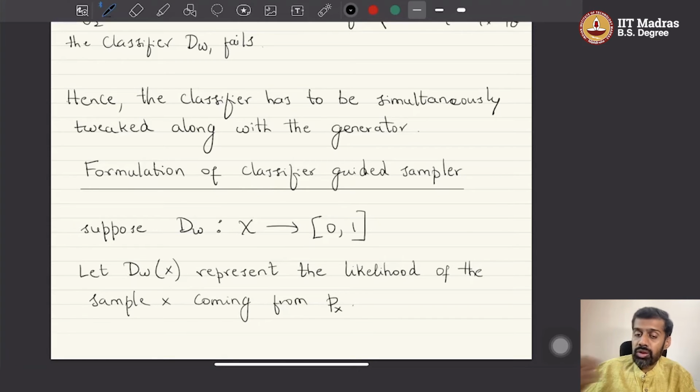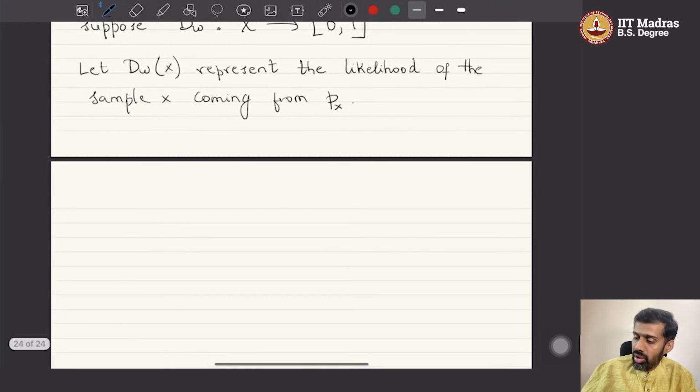Now in our case, this dw is a neural network. We want that to represent the likelihood of the sample x coming from px.